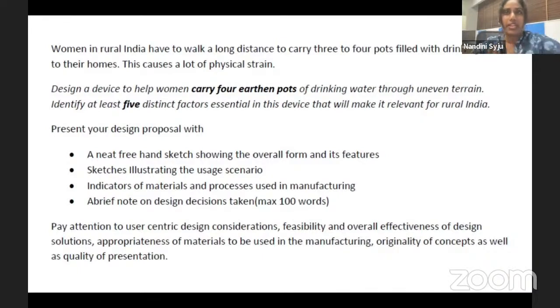So throw in words like manufacturing, material, feasibility, usability, inclusivity, pain points. So these are a lot of the design jargon that I keep talking about in our YouTube sessions, and you guys can feel free to use them in the correct place at the correct time, and that will elevate your writing.